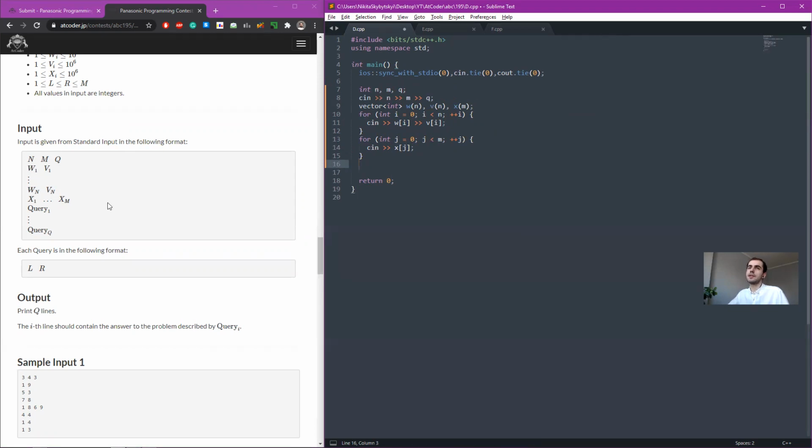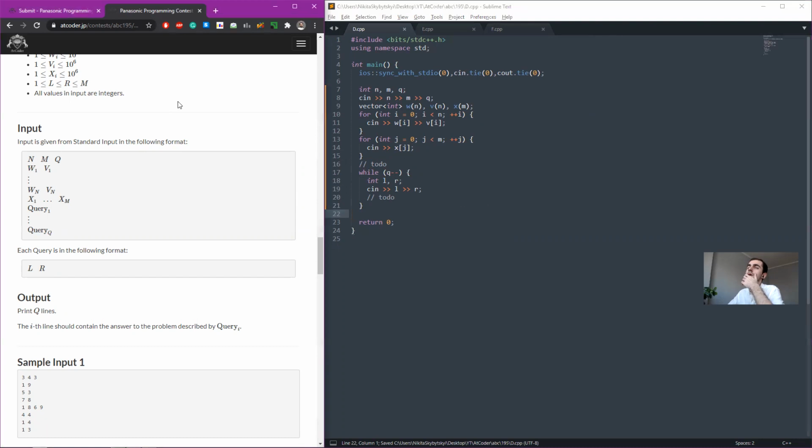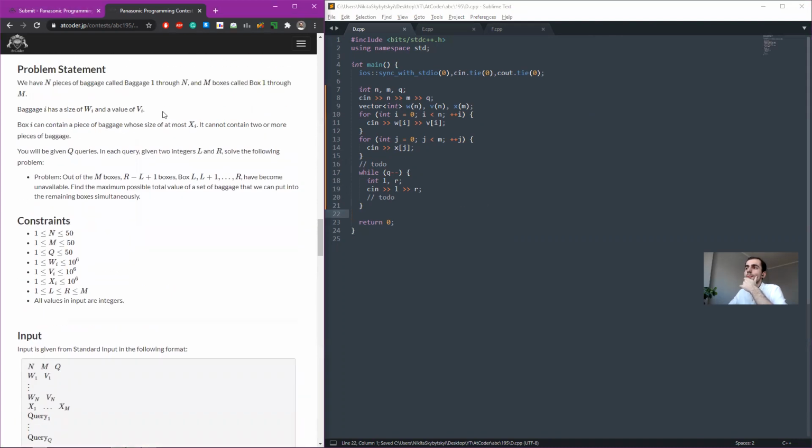You type this explicitly, but then you say query Q. Obviously, we cannot try all permutations. So we should be smart on this.